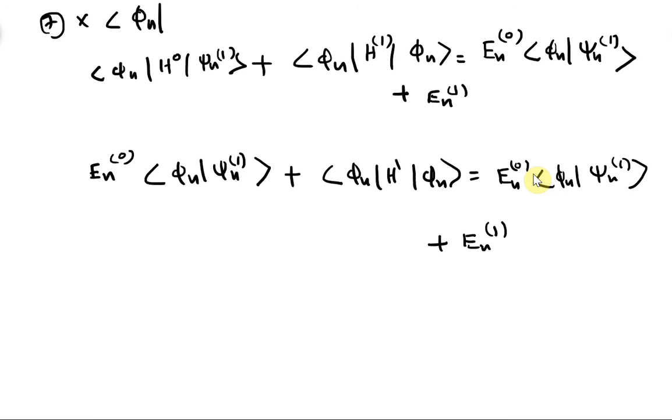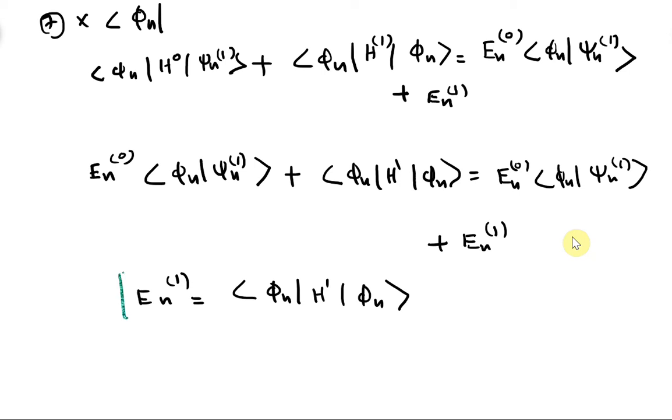So you got En1, the first order correction in energy. En1 is nothing but phi n h dash phi n. So this is our first order correction in energy.